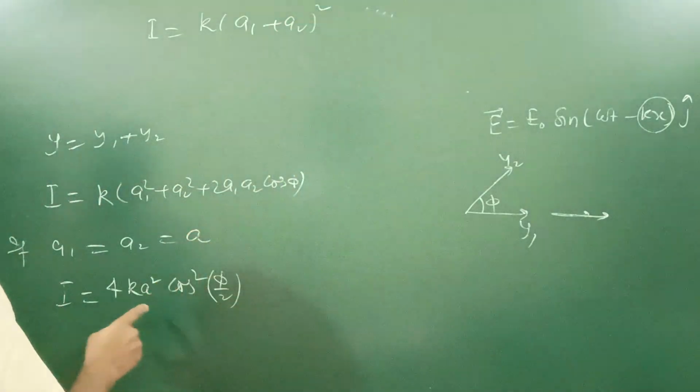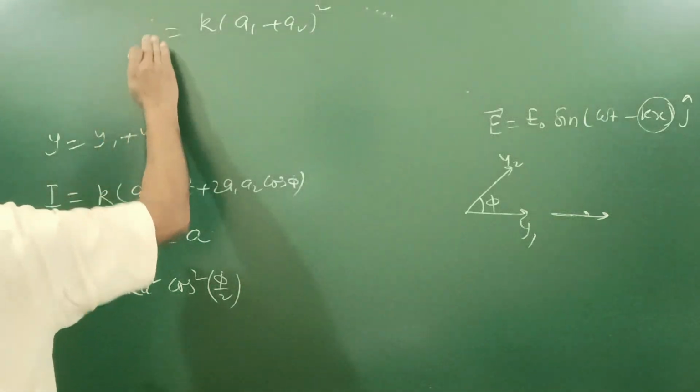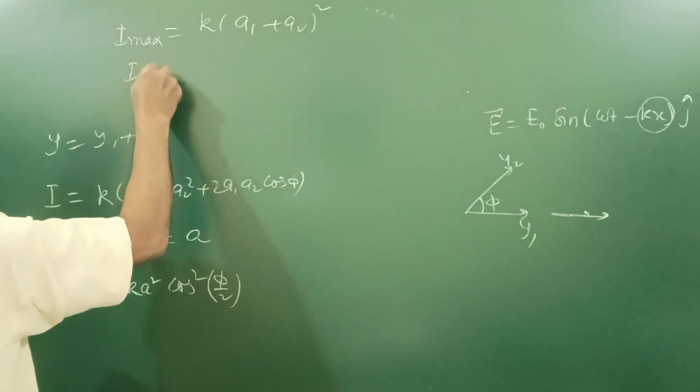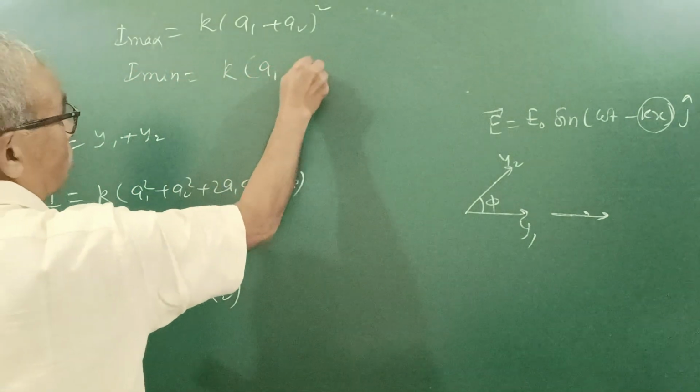If A1 equals A2, you will get 4 k A square as I maximum. And I minimum equals k bracket a1 minus a2 whole square.